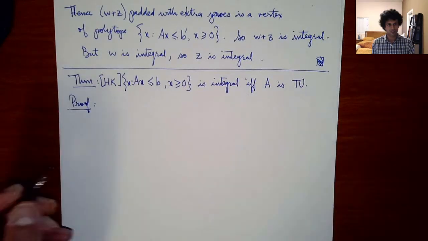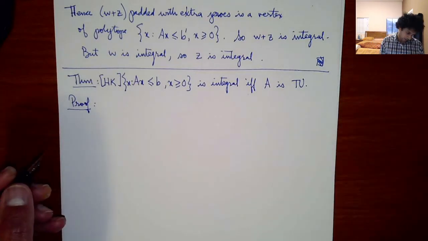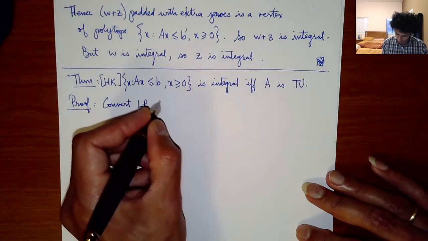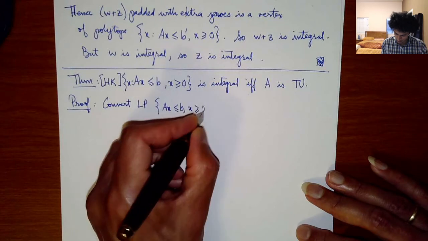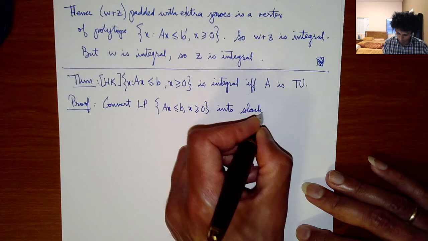And in some sense, the proof is almost analogous to the analysis of the simplex algorithm, which is, let's say you convert the LP Ax ≤ b, x ≥ 0 into slack form.